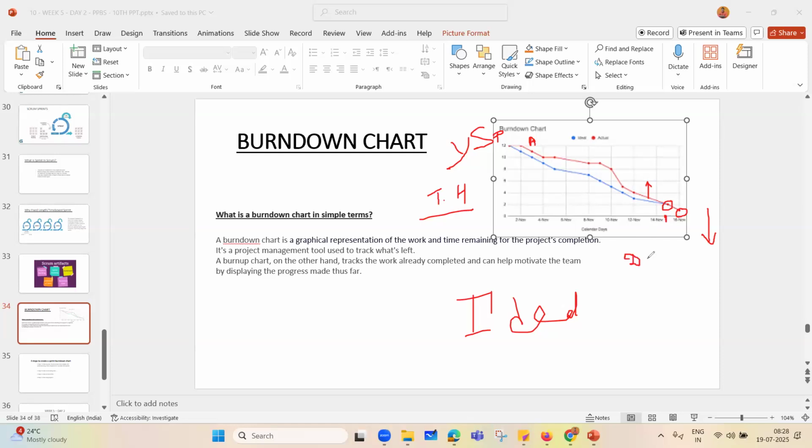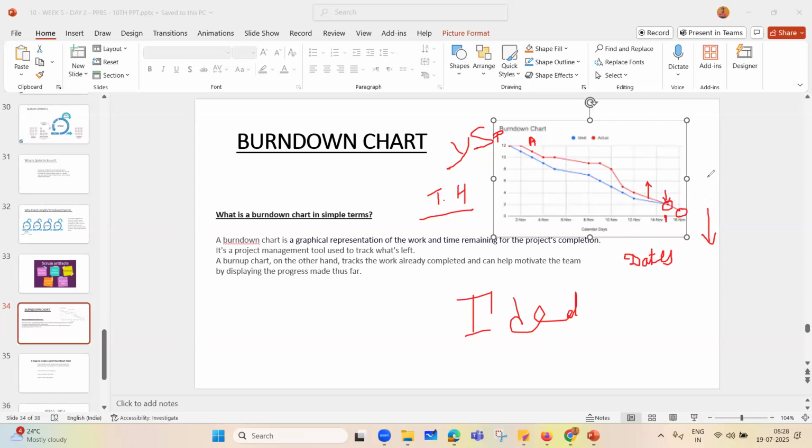These are the dates, and these are the total hours. So we were expecting it to be completed over here, but it has come further along the dates. Now you tell me, actual work has crossed the expected one. Are we ahead of time or behind time?